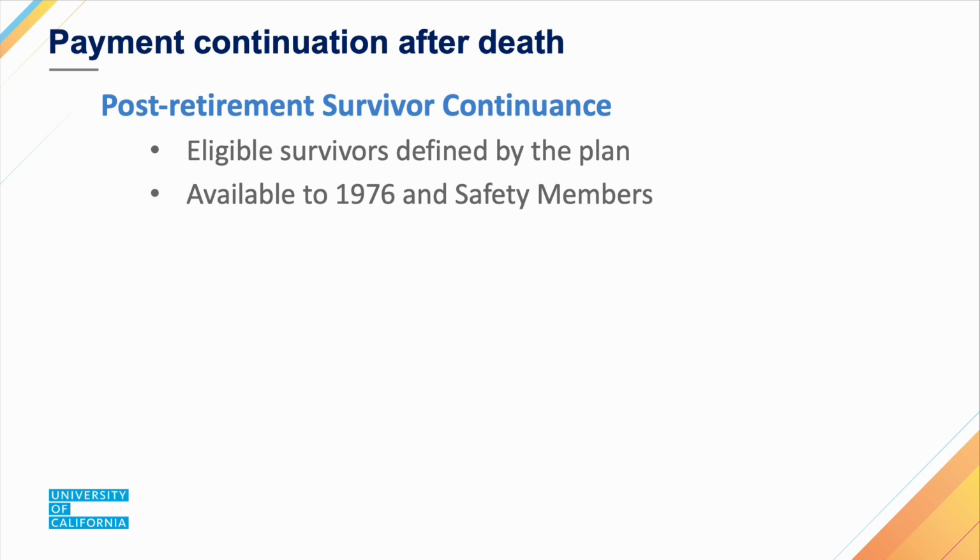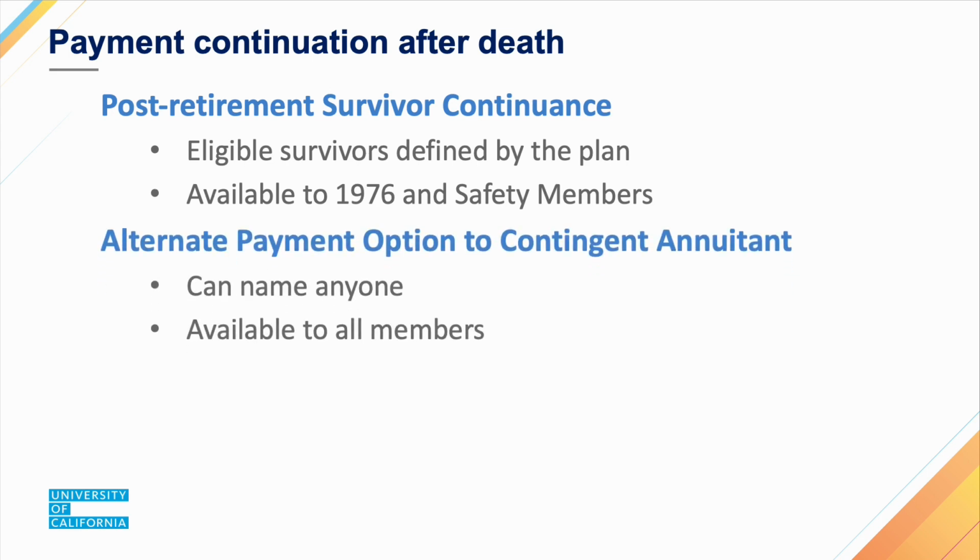This benefit is free and is available to those in the 1976 tier and safety members. Alternative payment options where you can reduce your monthly income to provide lifetime income to a contingent annuitant is also available. This benefit is available to all members and can be payable to anyone.